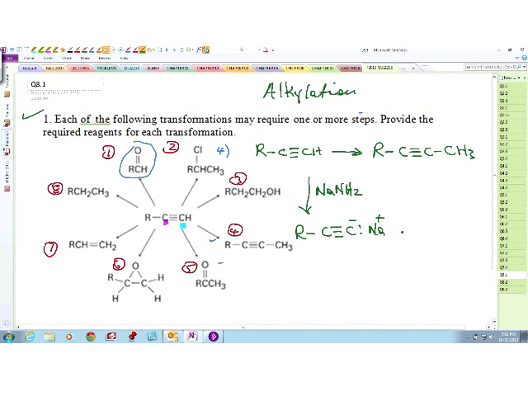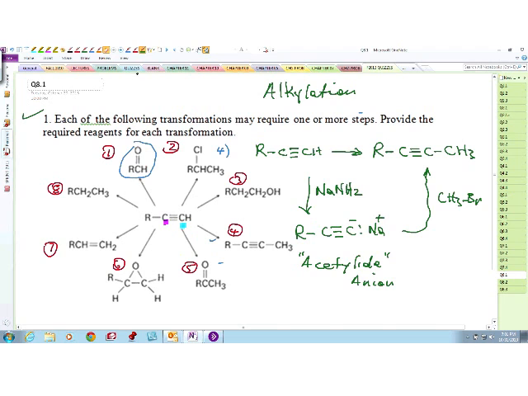Then you take this acetylide ion and react it with methyl bromide, and you alkylate this acetylide ion. So that is number 4.